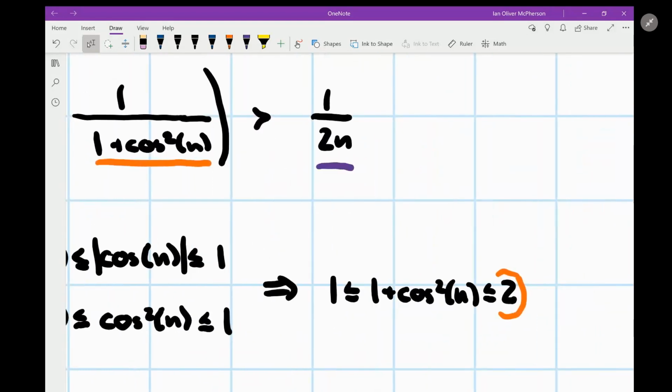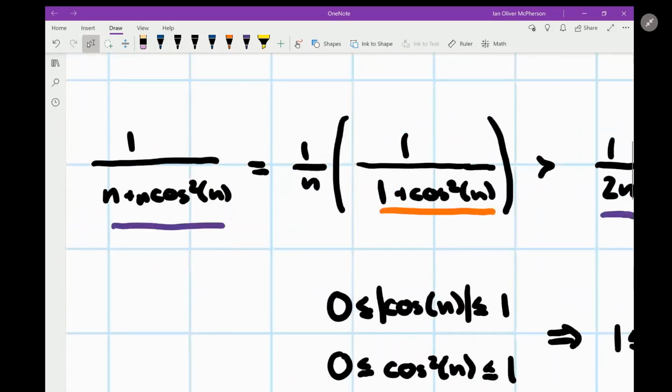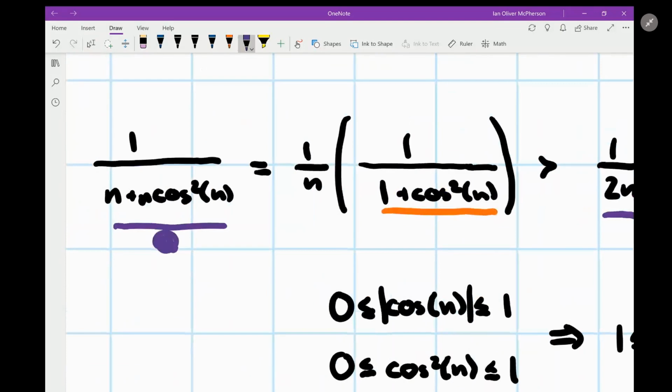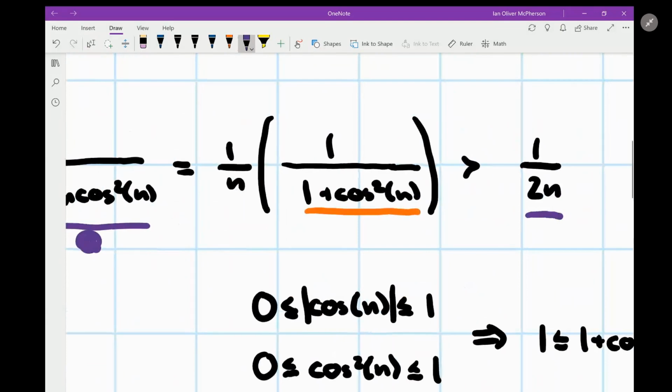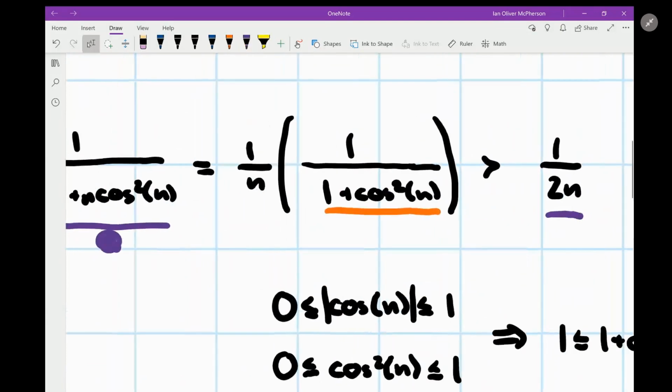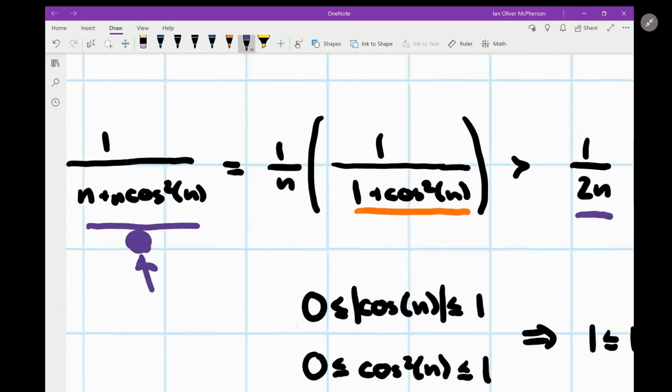Now, since we want it to diverge, we want this, what's shown in purple here, to be larger than something that diverges. To show that this diverges, we want to show that it's larger than something that diverges.